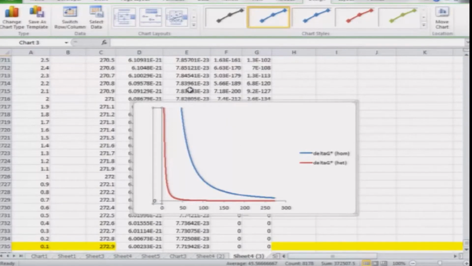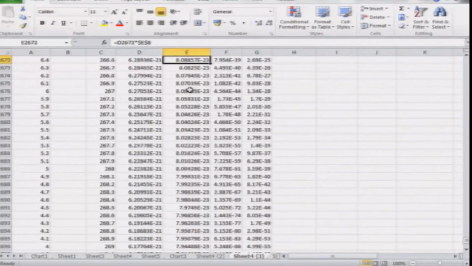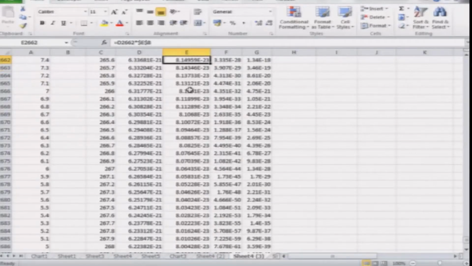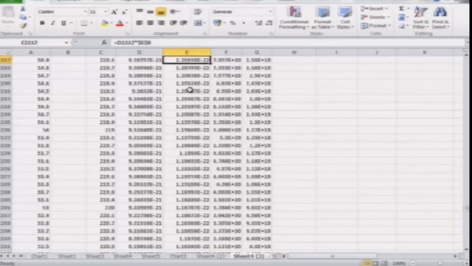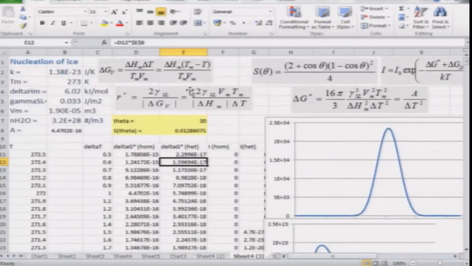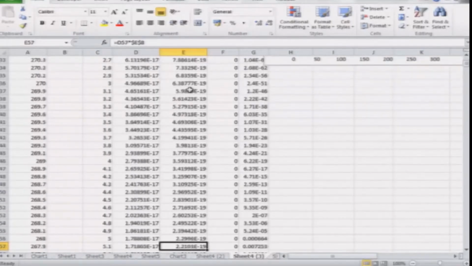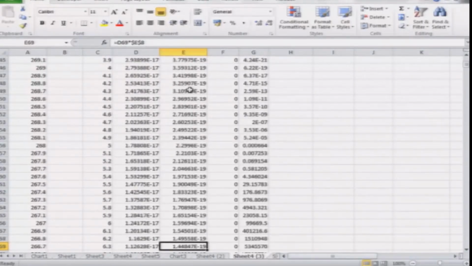In fact, if you will notice, if I go up here, we had computed a critical undercooling of about 6 K, and let us just have a look at what the order of magnitude is for the free energy.